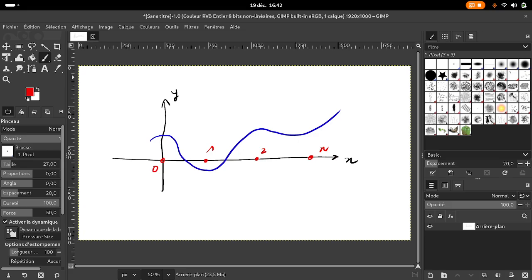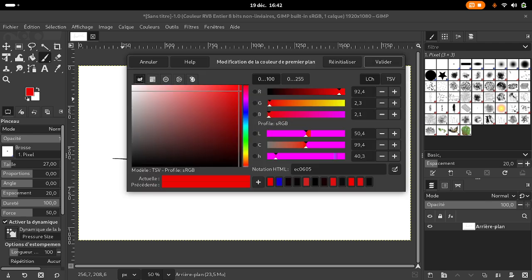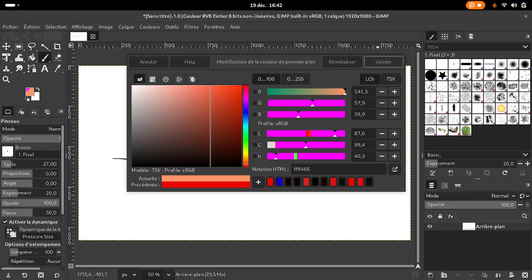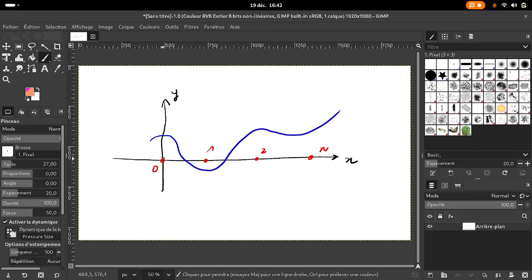Okay, come back to the graph. What is the value of f(0)? Its value is this height here. What is the value of f(1)? It is this height here. What is the value of f(2)?